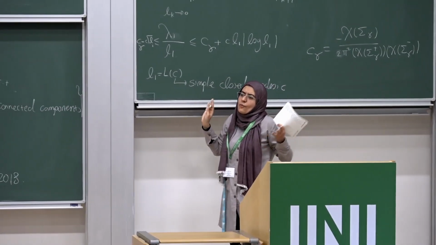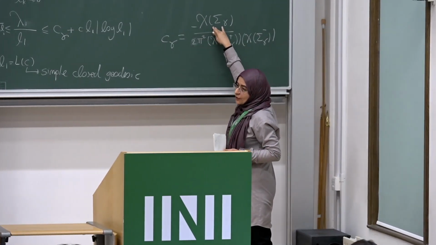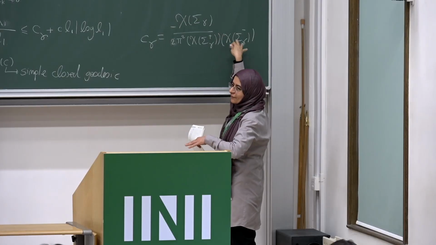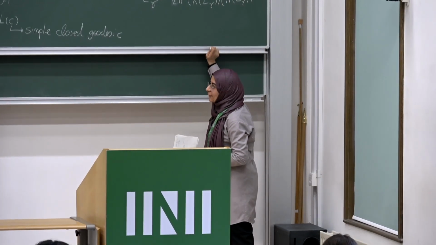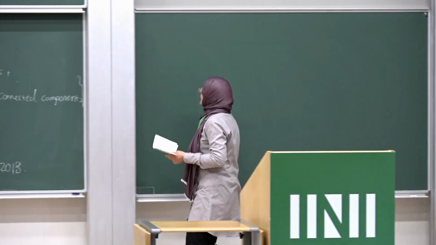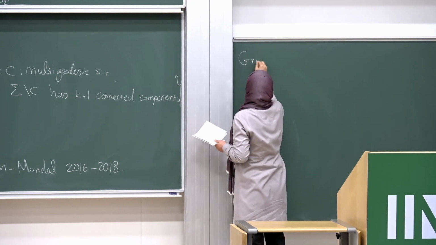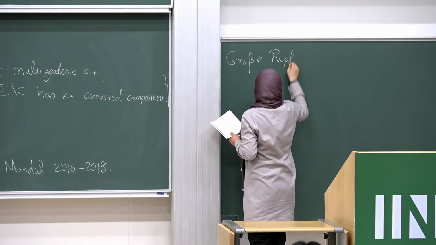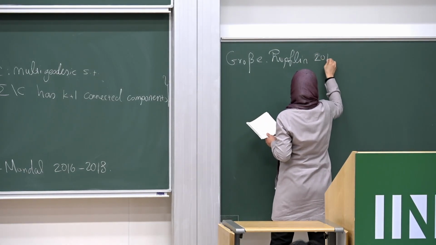It's order 1 over γ, in a sense, because you have 2γ−2. This is almost half of the genus, so you have γ squared here. So if the genus is high, it's like 1 over γ. And then more recently, Nadine Große and Melanie Rupflin, in 2019.